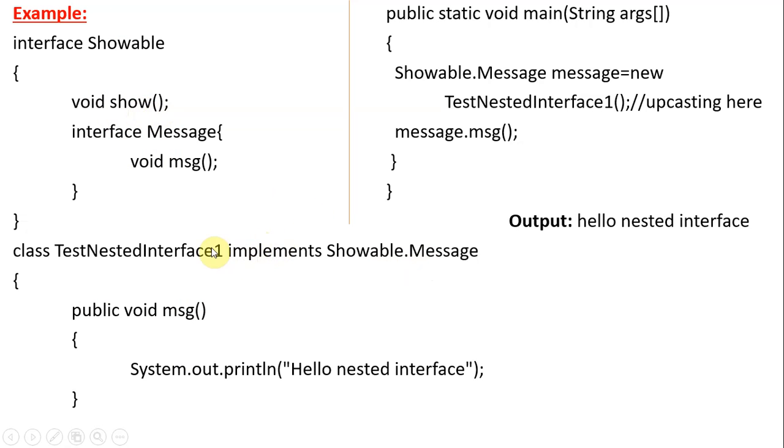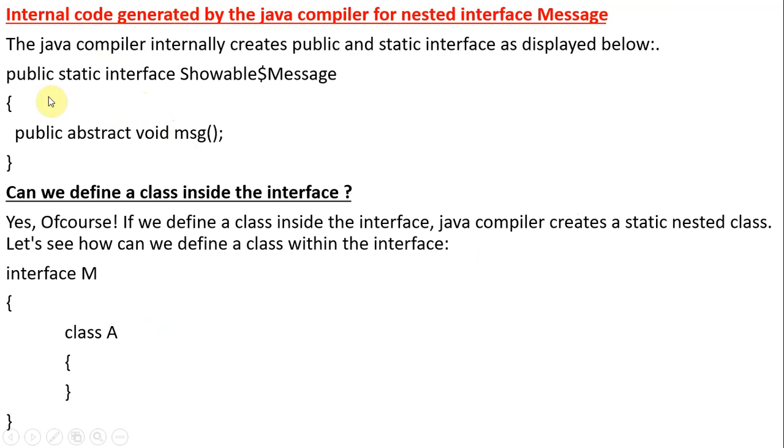If any class implements any interface, all its methods should be implemented. Here we are implementing Message, not Showable. We are using Showable here for the reference only, so we are not implementing the show method, but we are implementing Message, so we implement the message method. So that is about nested interface.